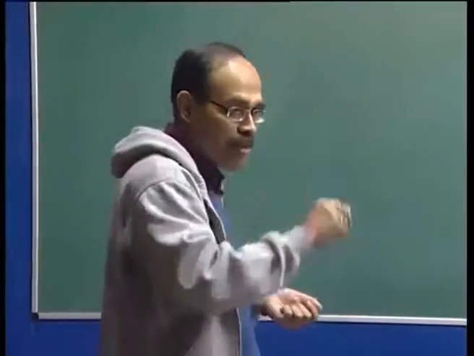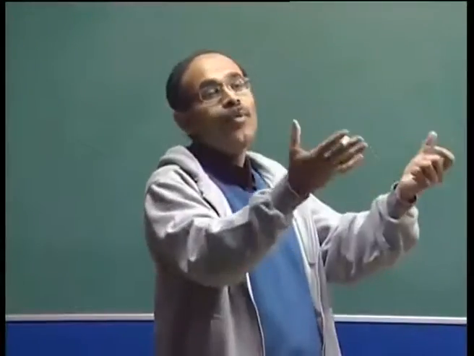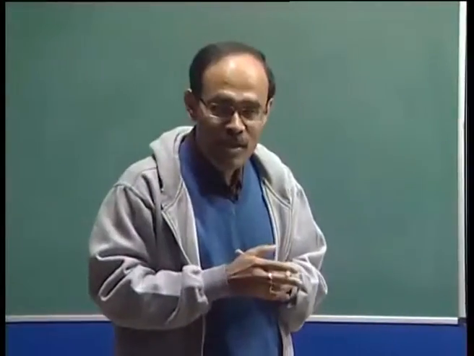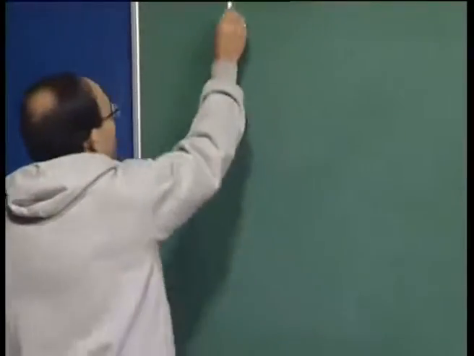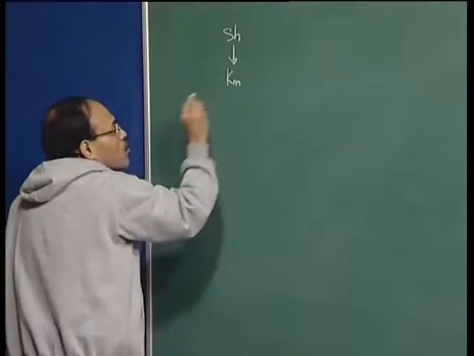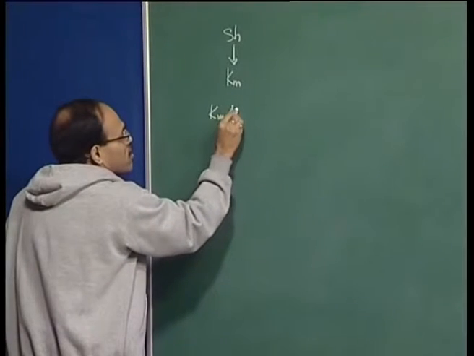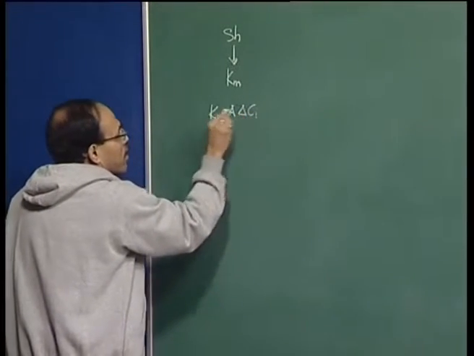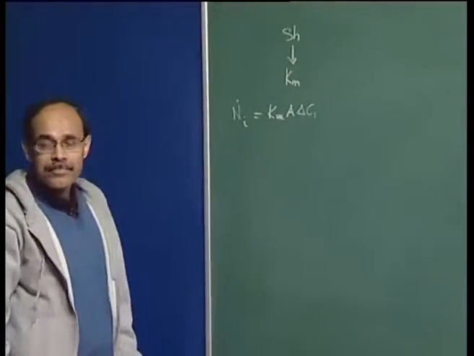So, if you know Reynolds number, Schmidt number is known. If a correlation is available, you will be able to find out the Sherwood number, and once you know the Sherwood's number, you will be able to find out the mass transport coefficient. And once you know the mass transport coefficient, the task is simple: you multiply that mass transfer coefficient with area, and you get the net rate of transport of I.